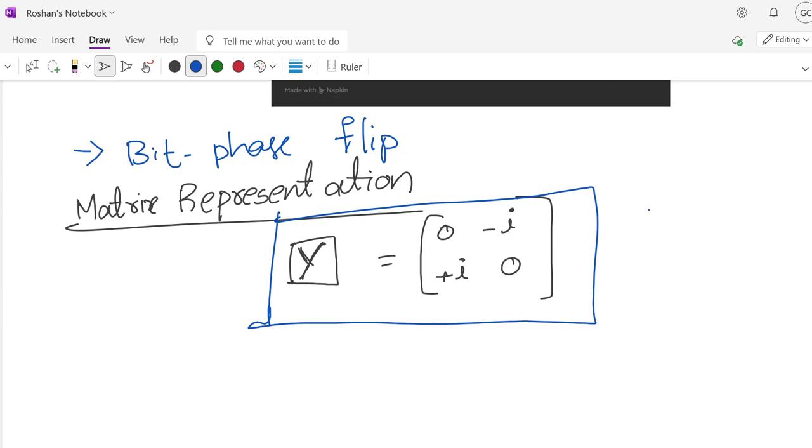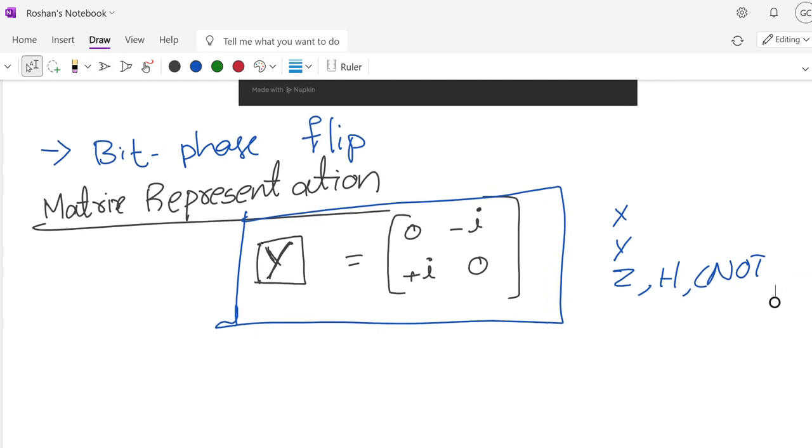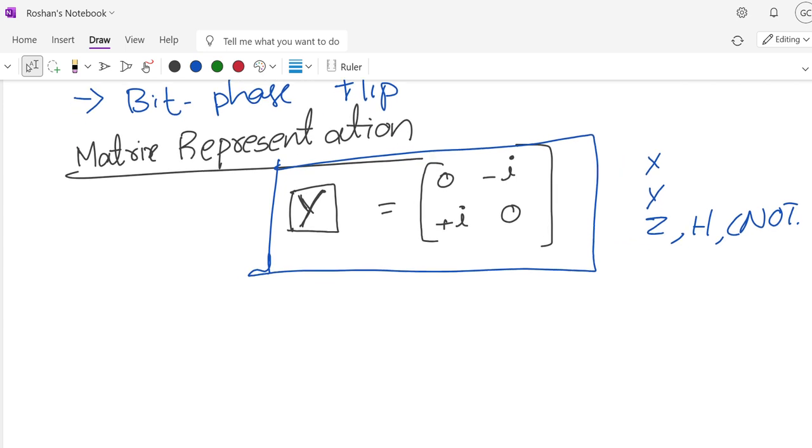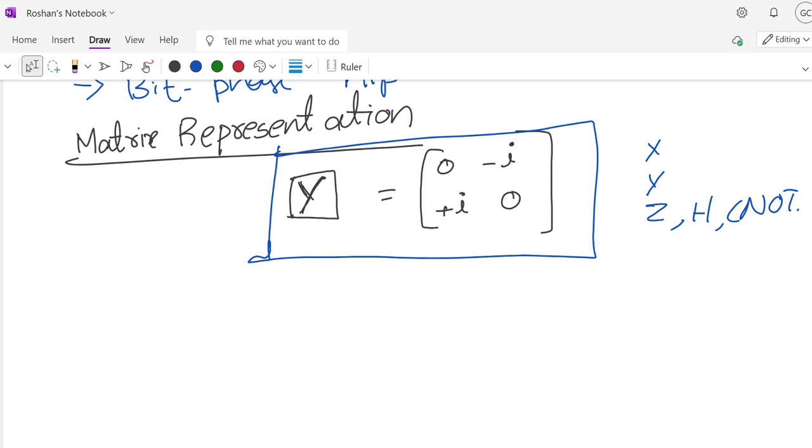Earlier, in the previous lecture, we understood the X gate. Now we are going to work on the Y gate. Further on there will be the Z gate, Hadamard gate, CNOT gate and so on. I'll explain each and every gate clearly, so no need to bother about that. So let's focus on understanding the Pauli-Y gate. Remember this matrix representation.